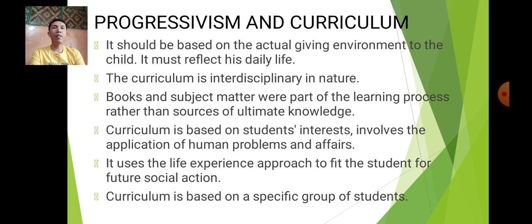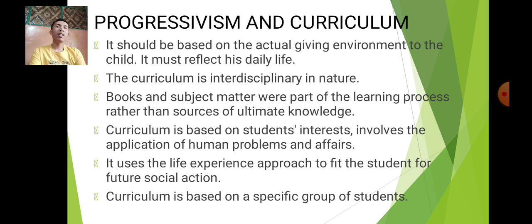Then number four, curriculum is based on students' interest, then involves the application to human problems and affairs. So it is based on students' interest. As this philosophy believes, students learn best when they are studying their own interest. Then number five, it uses the life experience approach to fit the student for future social action.